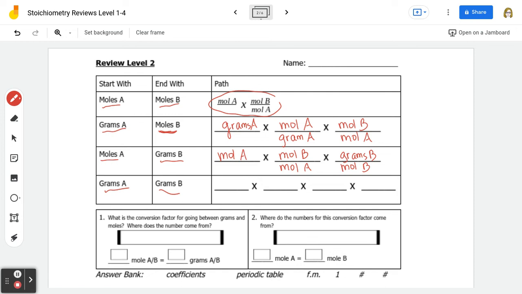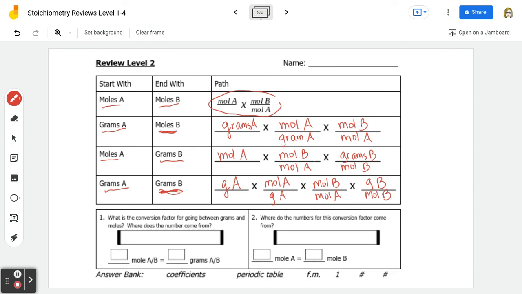So since this is a little smaller, I'm going to abbreviate gram with just a G. So we have grams of A, then grams of A will cancel, and you get to moles of A. Once you are at moles of A, then that is when you can get to B. Once you're at A, you use the mole ratio to convert to your second substance B. And then you want to keep going because they're asking you to convert to grams. So at this point, you can convert to grams of B. So those are your paths there.